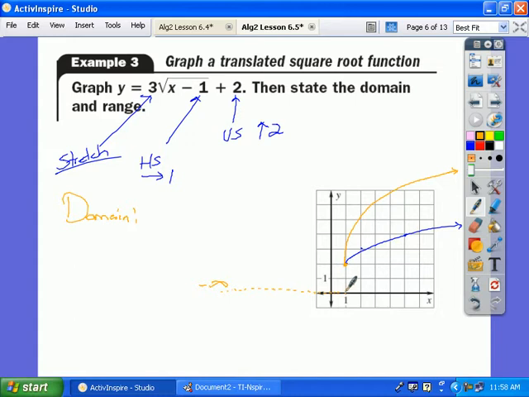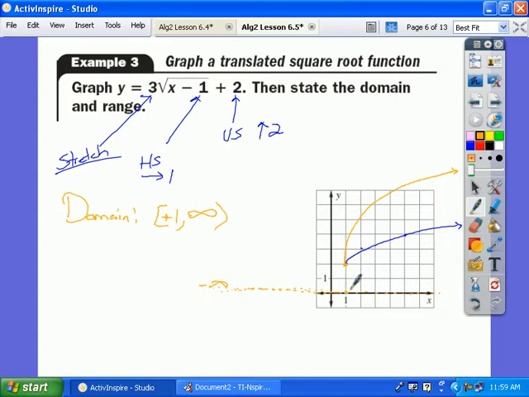So the domain is from +1 to infinity. As I keep walking, here the graph starts. Where does it end? It doesn't.